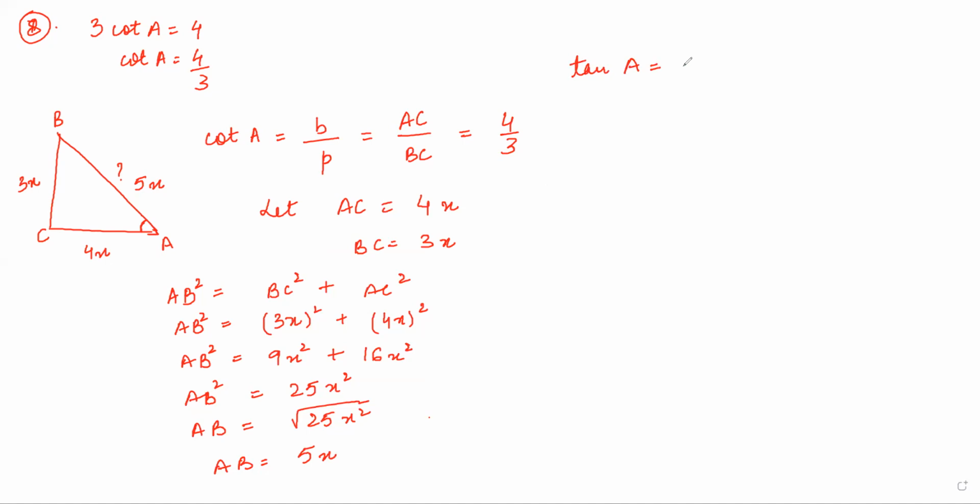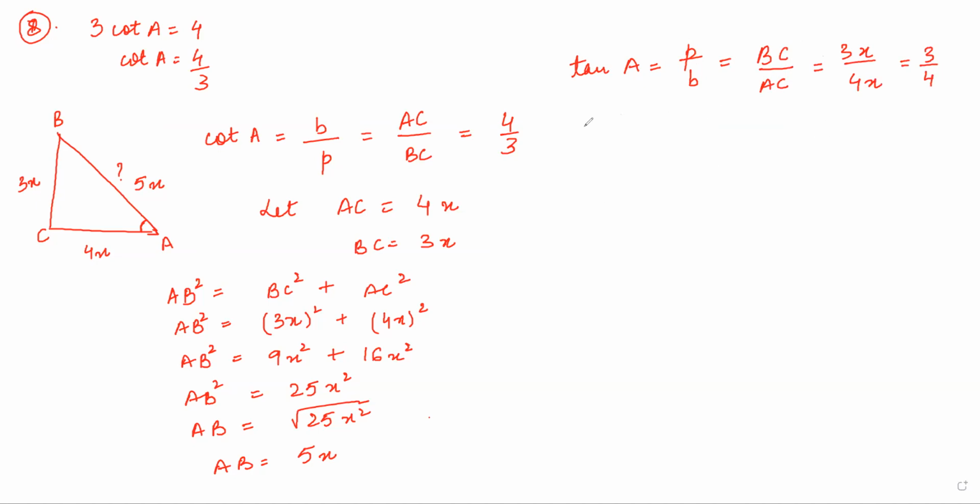Tell me the formula for tan. Tan is P by B. Good. So perpendicular is BC and base is AC, right? BC is 3x and base is 4x. So tan A will be 3 by 4.